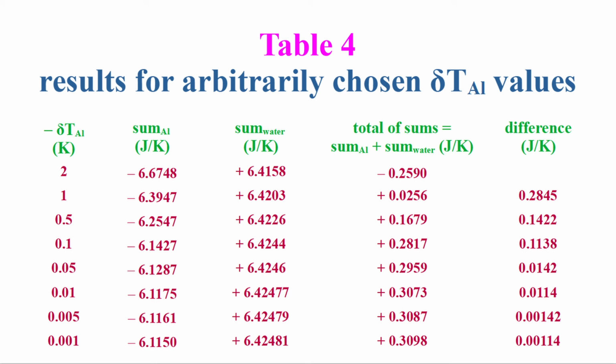It can be seen from the difference in the consecutive values of the total of the sums of del T over T for aluminum and water shown in the last column. This total approaches a limiting value. It also implies that the sums of del T over T for both aluminum and water separately also approach their corresponding limiting values.